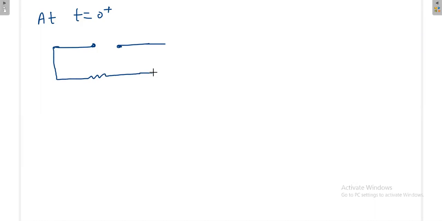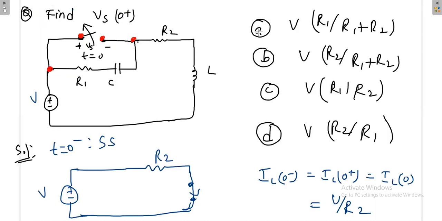Here R1 resistance is there, and here the capacitor is there. The capacitor is open, but the state of the circuit is like this. Then what is the voltage across the capacitor? Anybody?